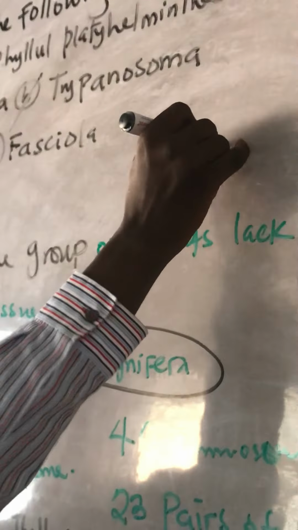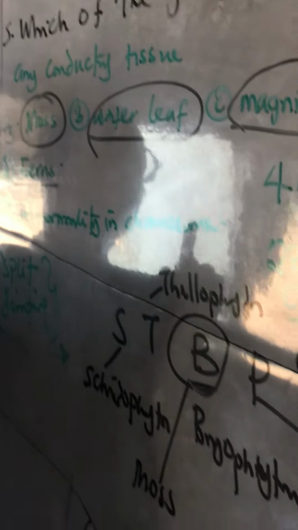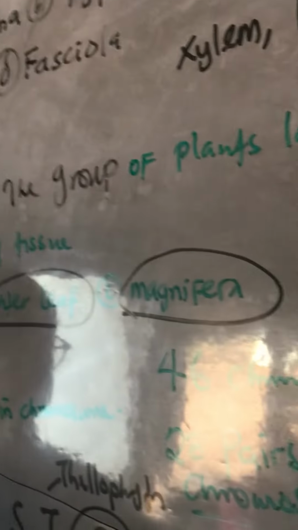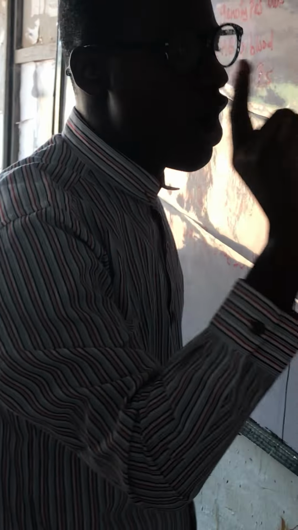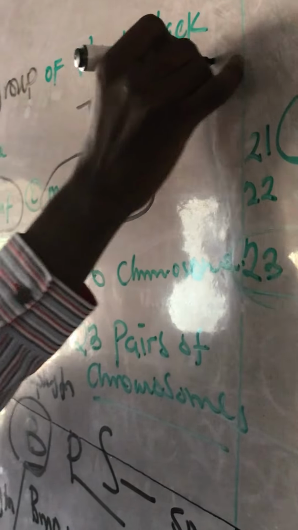Now, what do we mean by conducting tissue? The conducting tissue has to do with the xylem, and we also have the phloem. Now, take note that the Bryophyta does not have the conducting tissue. Also, they do not have what we call true roots.